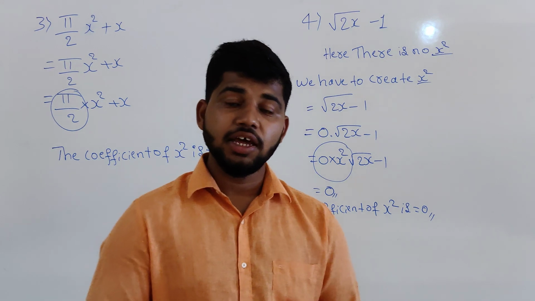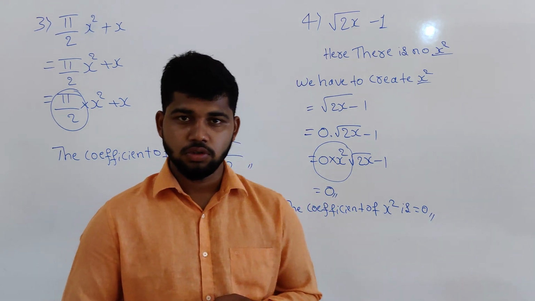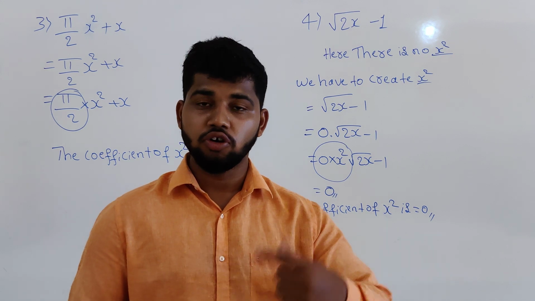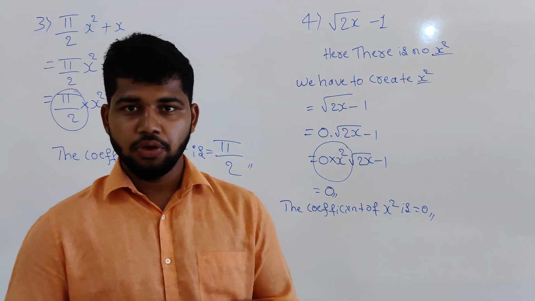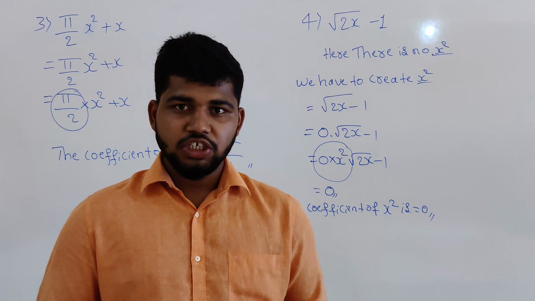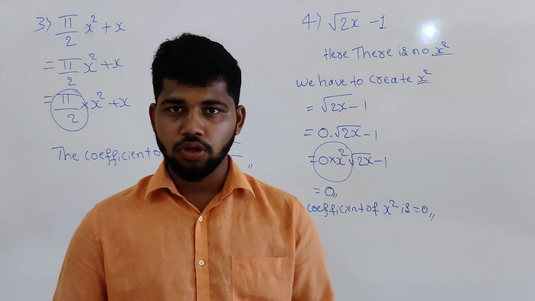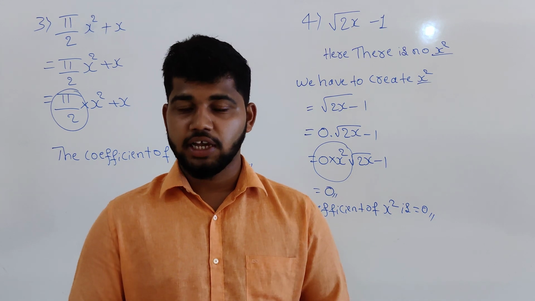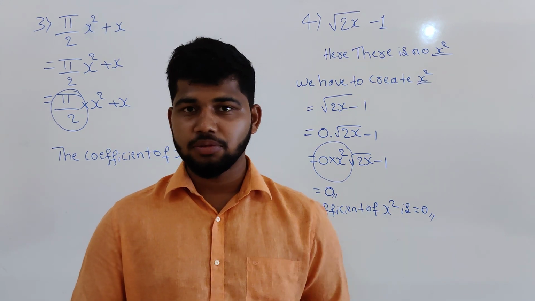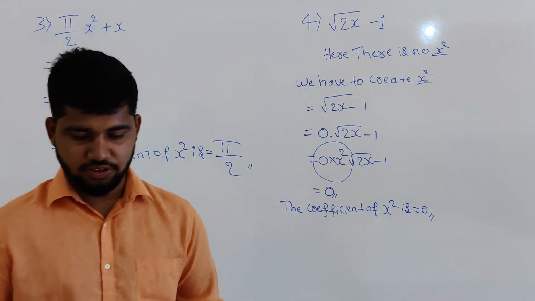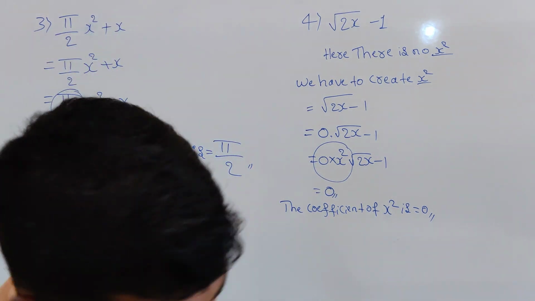Where you have to create the x square, there is no x square in the given terms of the polynomial. We have to create the x square here. If you are taking 0 into x square, it is 0, but we have to create x square here. The coefficient of x square is 0.